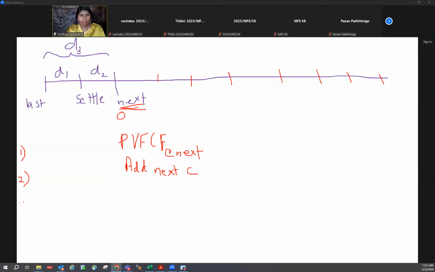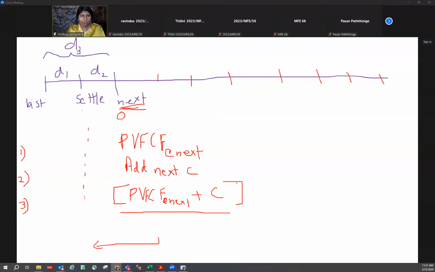And what's the third step? Discount over the odd period. So the present value of future cash flows on the next coupon date plus the next coupon, you have to discount to the settlement date.